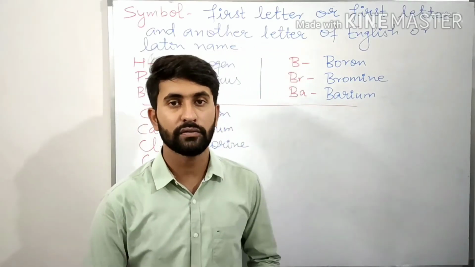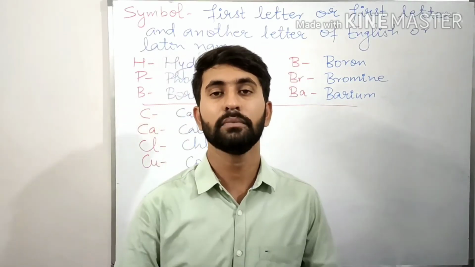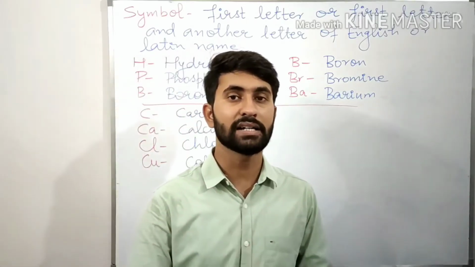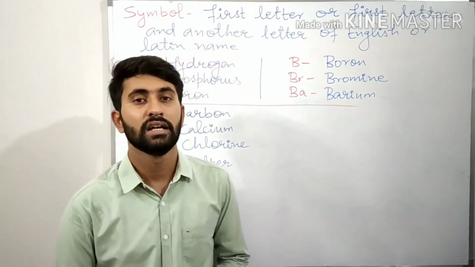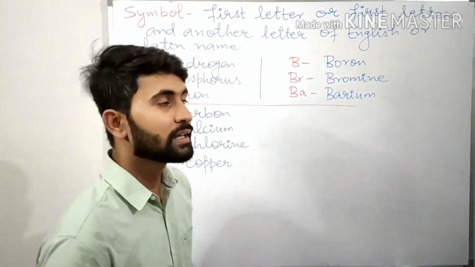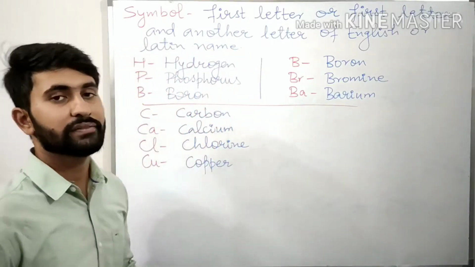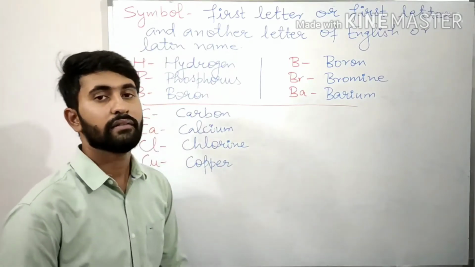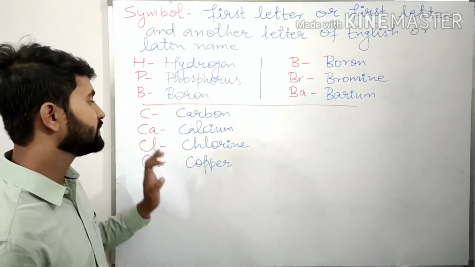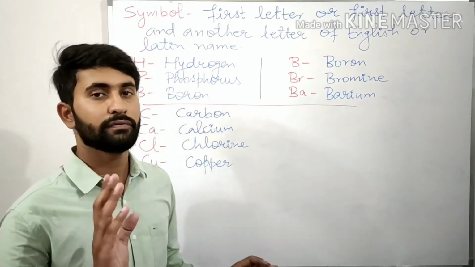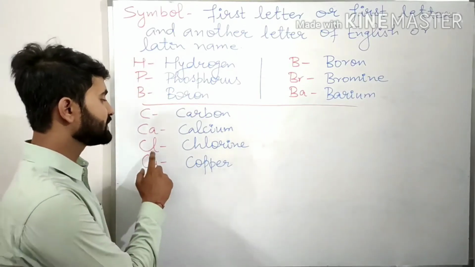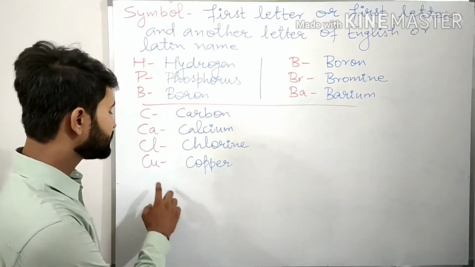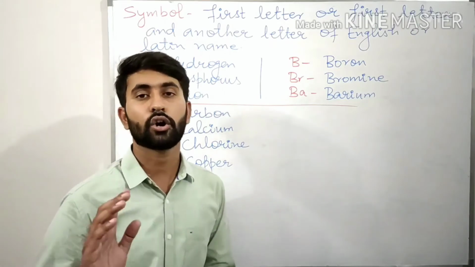Similarly, in the case of carbon, calcium, chlorine and copper, their names start with the letter C. In these cases, carbon is given a single letter symbol, that is C, whereas Ca is used as the symbol for calcium, Cl is used for chlorine, and Cu is used for copper.